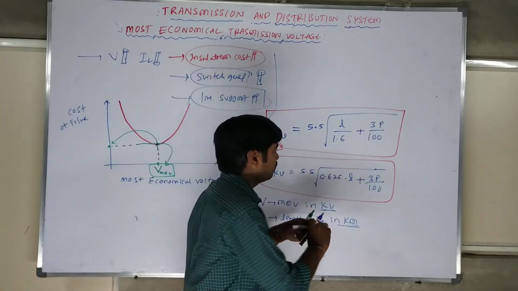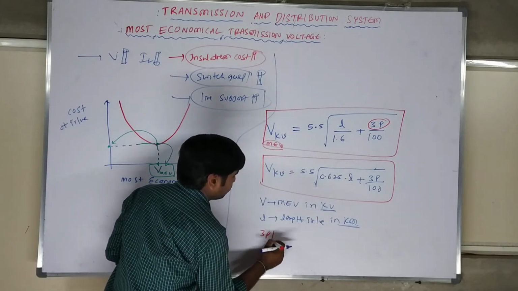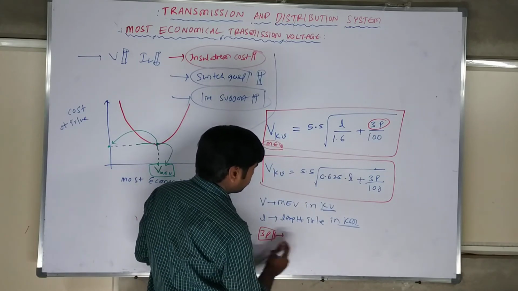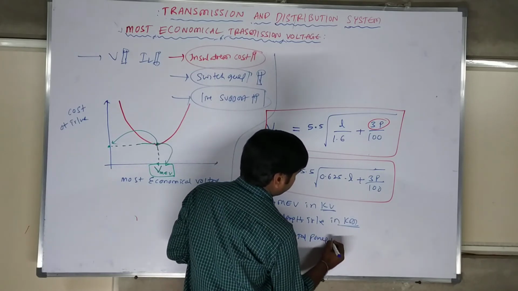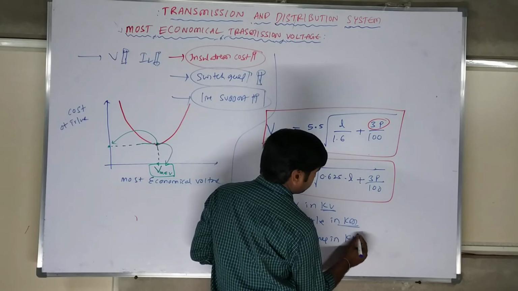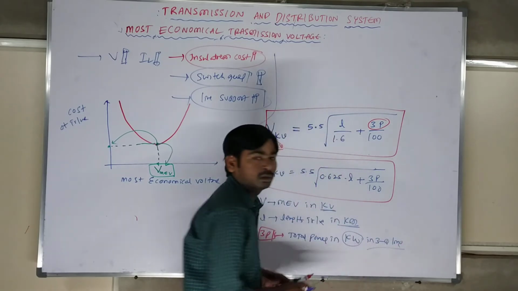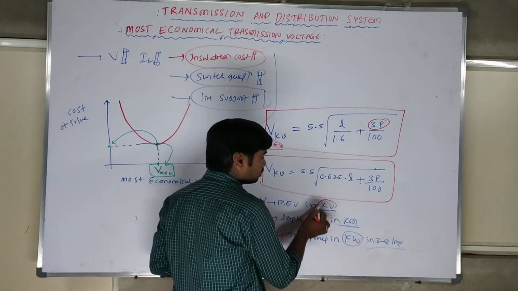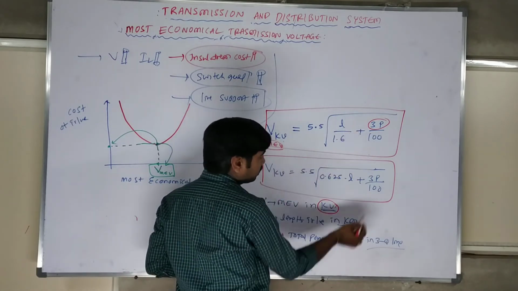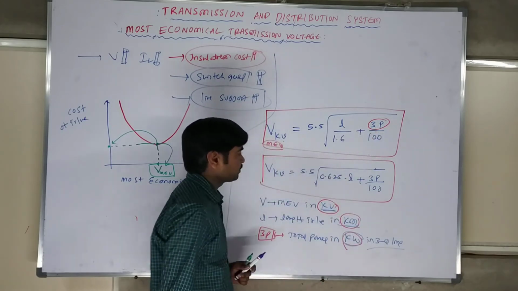Next, 3P is the total power in kilowatts in the 3-phase transmission line. V in kilovolts, L in kilometers, power in kilowatts. This is the total power.